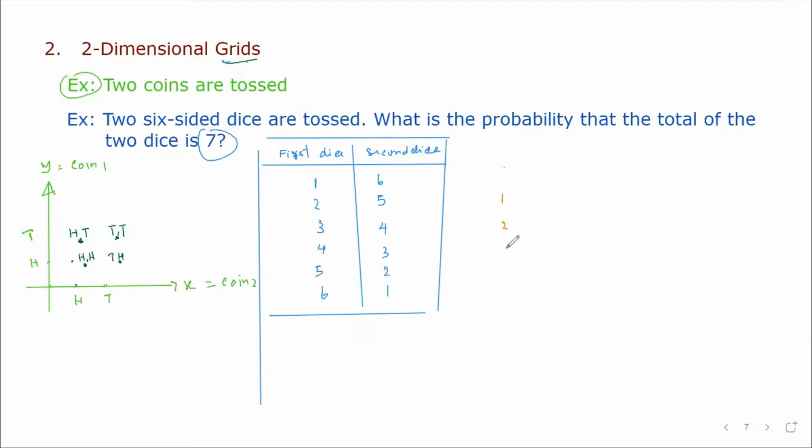So 1, 2, 3, 4, 5, 6, and then this one also 1, 2, 3, 4, 5, and 6. Then we draw this table, maybe it's easy to see.